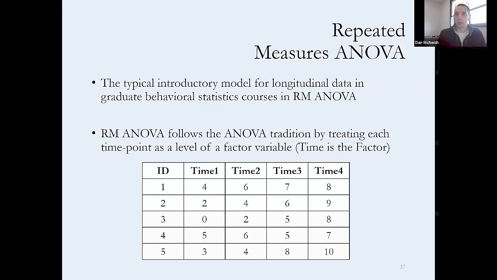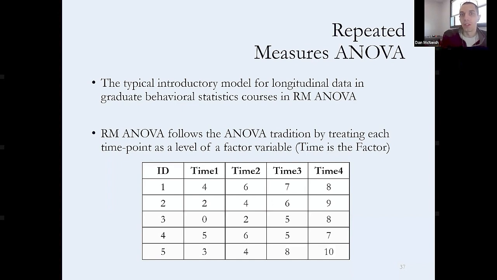Repeated measures ANOVA operates on a wide format data set. And basically, it operates in an ANOVA framework. ANOVA typically has a factor variable and is interested in comparing the means across levels of that factor. More traditionally, this would be something like condition 1, condition 2, condition 3, or drug A and drug B and drug C would be the levels of your factor.